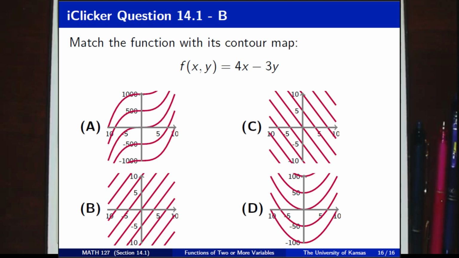Solve for y to find the slope. Find the slope in there. Is it positive or negative? What's the slope? 4 over 3. What is the slope of each line? Positive. What's the number? 4/3.